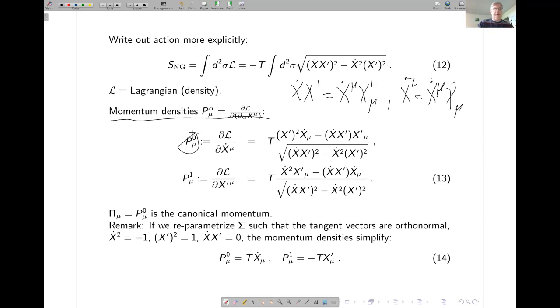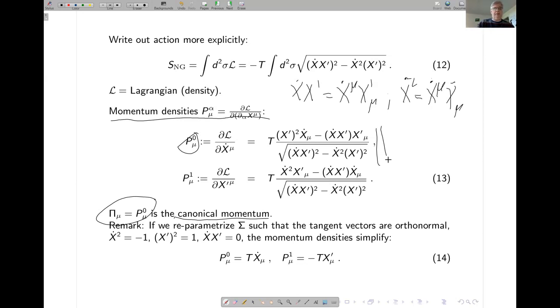And this quantity is also what we call the canonical momentum, because the canonical momentum is always the derivative of the Lagrangian with respect to the generalized velocity. And velocity is the derivative of a coordinate with respect to the time parameter, which in this context is sigma 0. If you compute this explicitly, you see that this is a rather complicated expression. It looks a little bit forbidding, but we will see how to handle this later in the lecture.